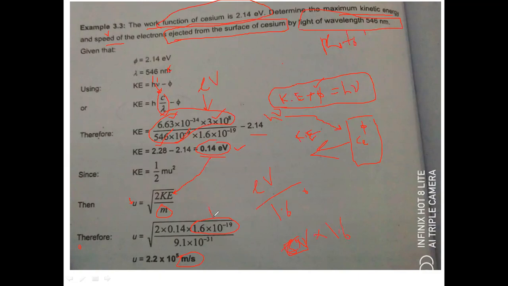So this time we multiply, converting the kinetic energy into joules, because 1 electron volt is equal to 1.6 times 10 to the power minus 19 joule. This is the relation between the electron volt and the joule. The electron volt is a small unit of energy.